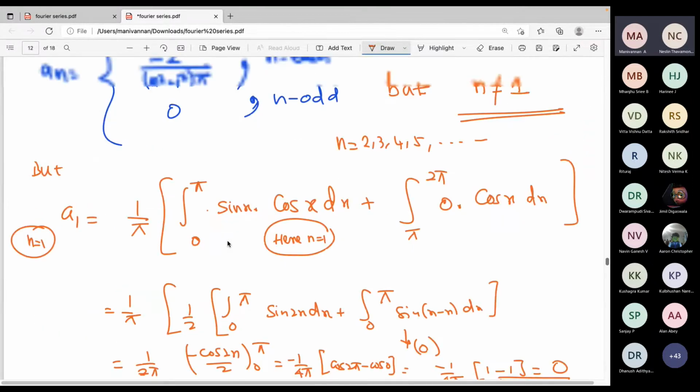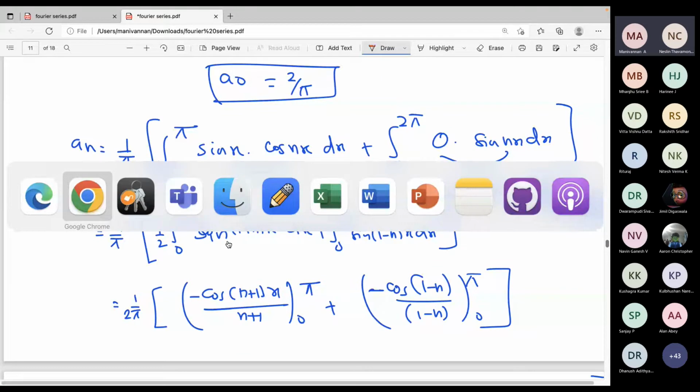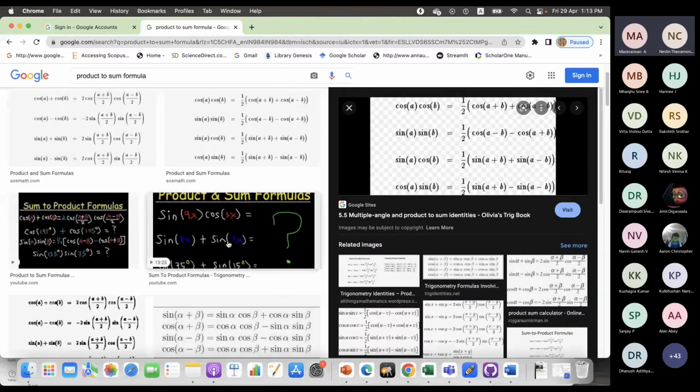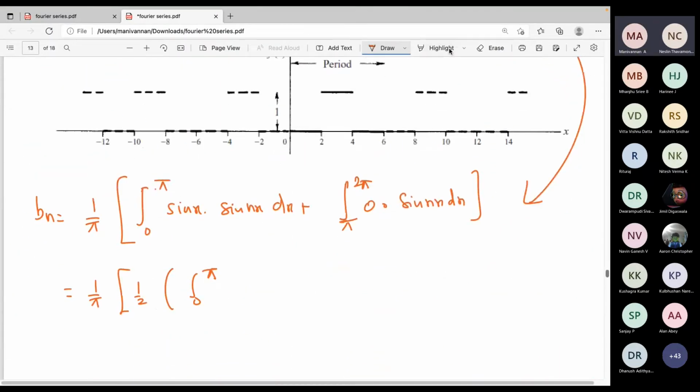Sine a sine b means 1 by 2 of cos a minus b minus cos a plus b, right? Yes, sir. Use that formula.